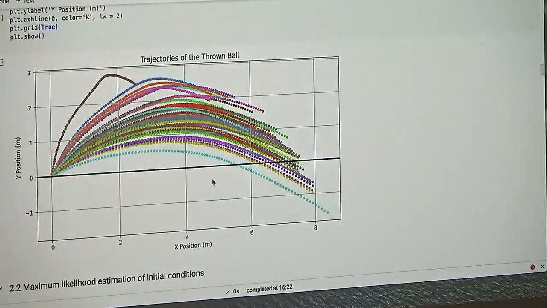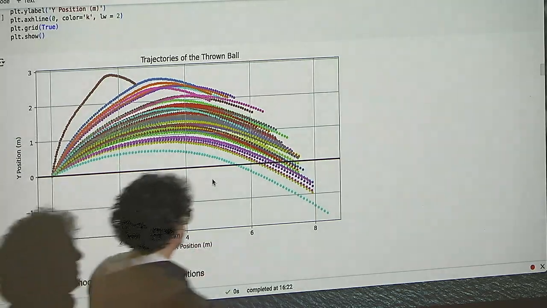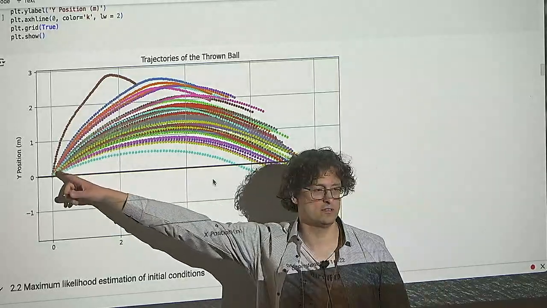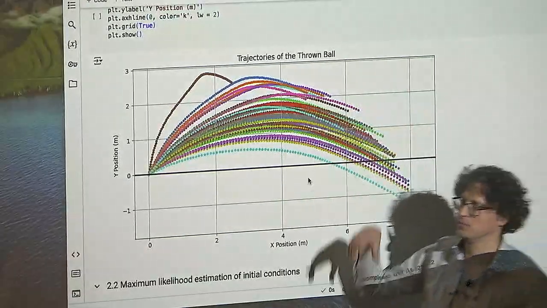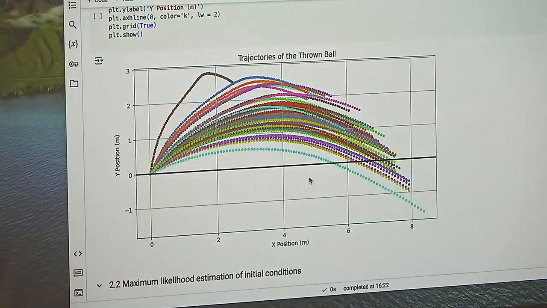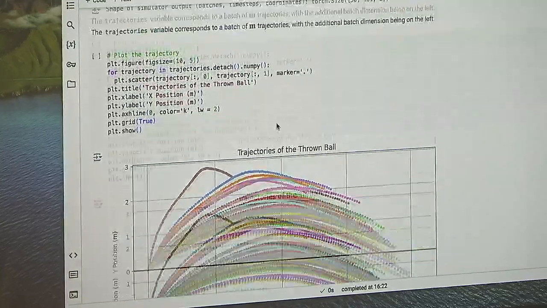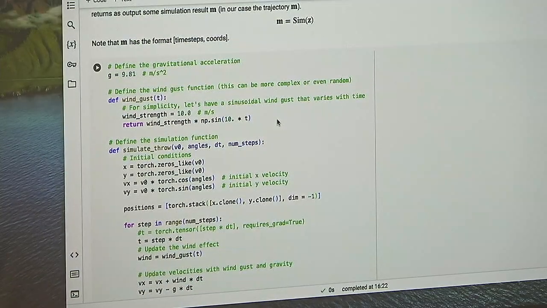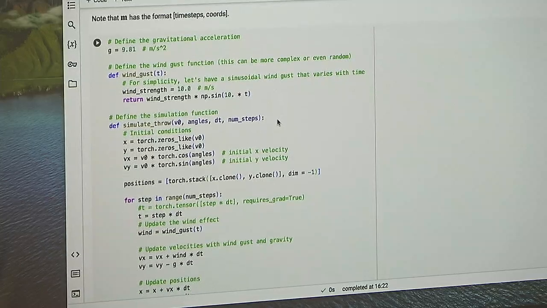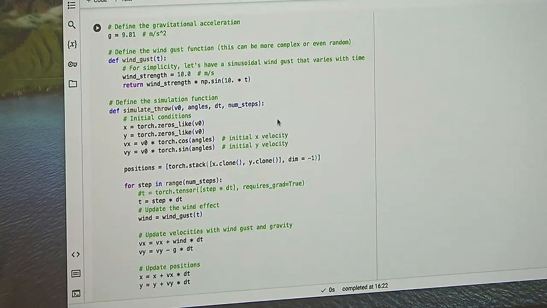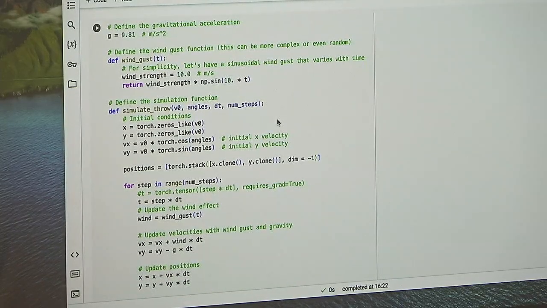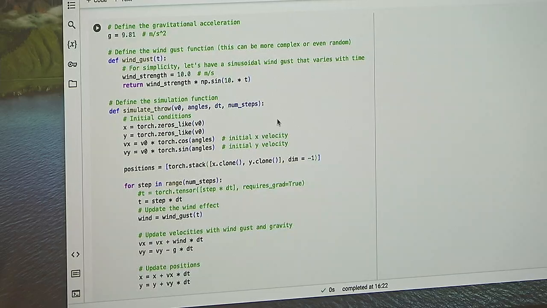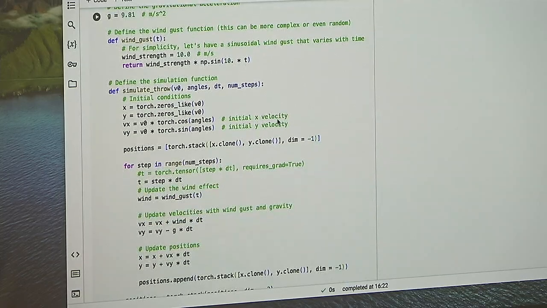The same backpropagation that we use to optimize a neural net applies here to the problem of how the final position changes if I change the velocity or the angle. That's the reason why the simulator is written in Torch. Most people nowadays would probably use JAX to write simulators like this, but I'm not very familiar with JAX, although that's probably my fault. So I wrote it in Torch.